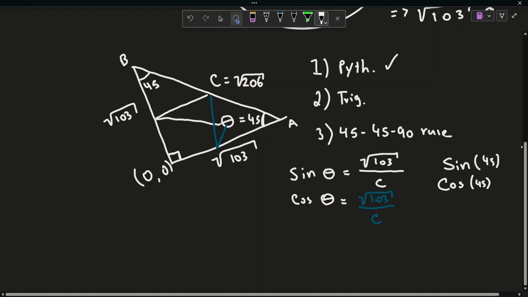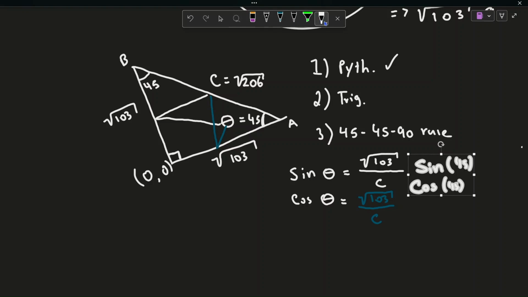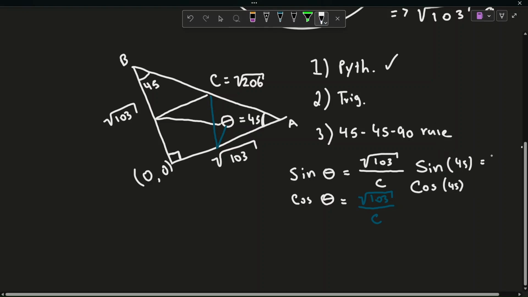But if we don't know the unit circle, sine of 45 is equal to square root of 2 over 2. And that's the same with cosine of 45. It's equal to square root of 2 over 2 as well. So that's going to be handy later on.